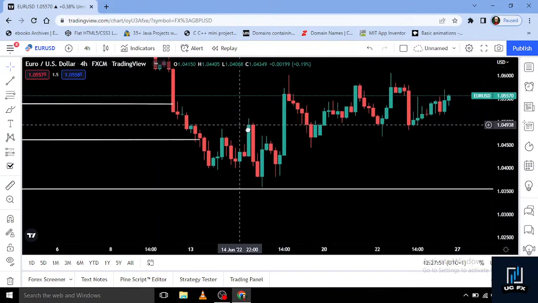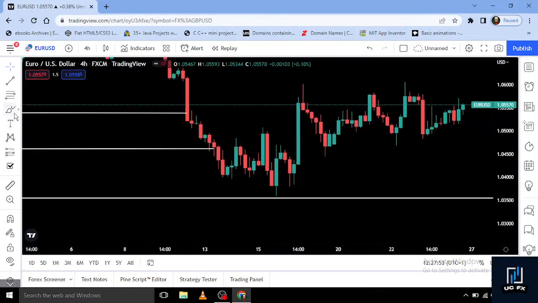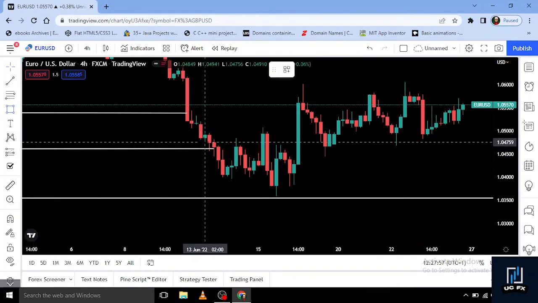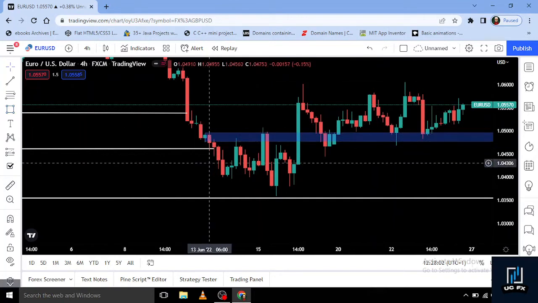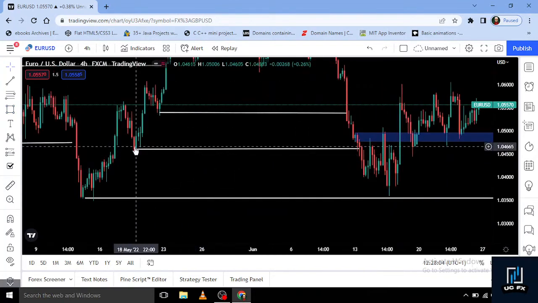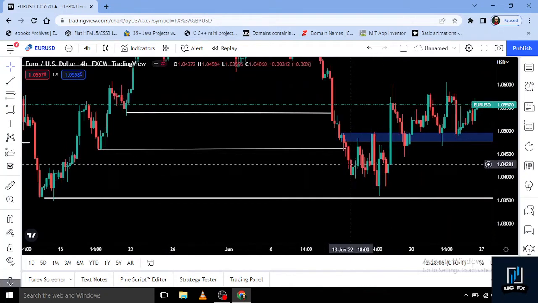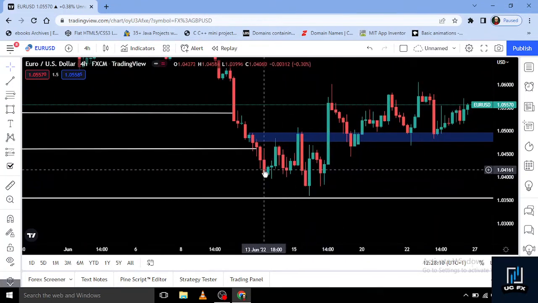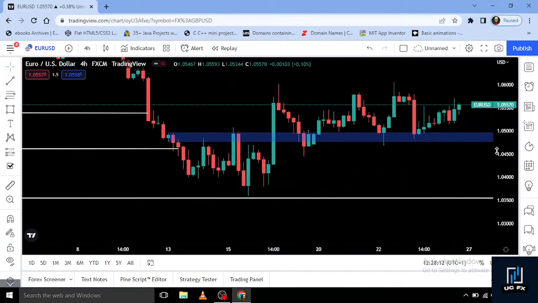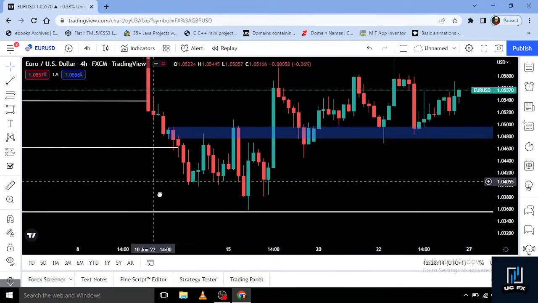So here we have the order block. After the order block formed, we had a break of structure. So what you'll be waiting for is a return to the order block with liquidity.